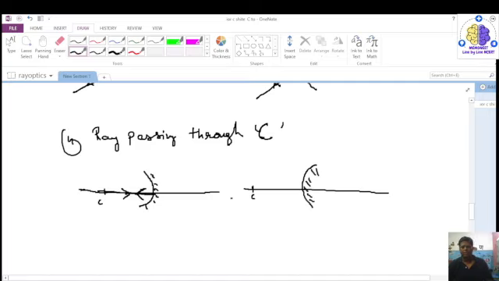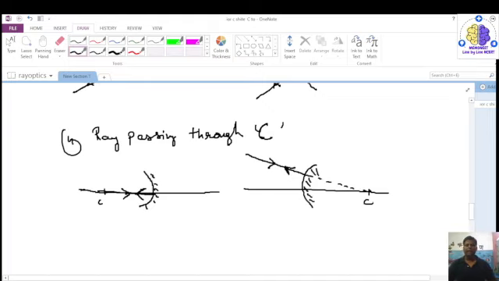So if a light ray is incident and it is so incident that it appears that it is passing through the center of curvature, then it will retrace its path. So this is for a convex mirror.